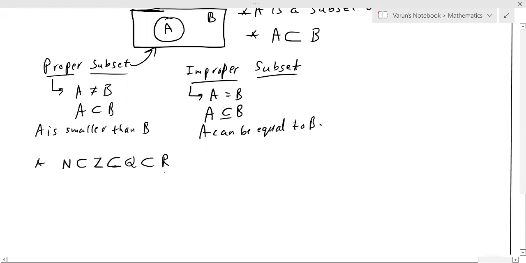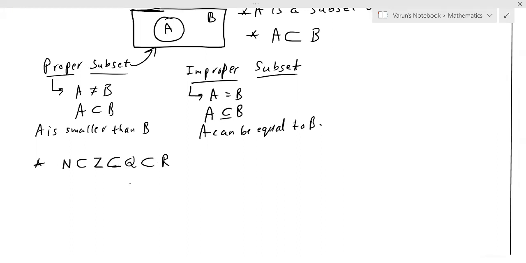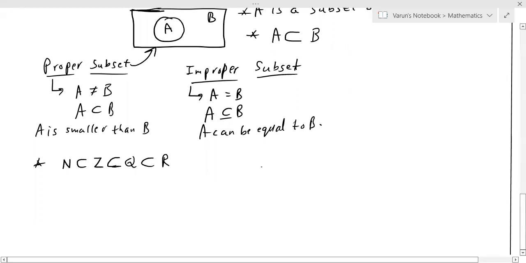Universal set has to be defined first. So in this case, if I'm talking about numbers, then a set which entails both real and complex numbers is actually a set which is the universal set, right?